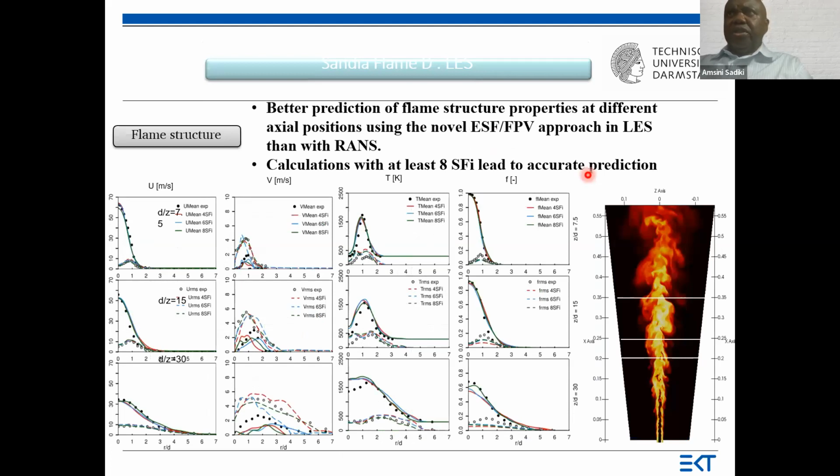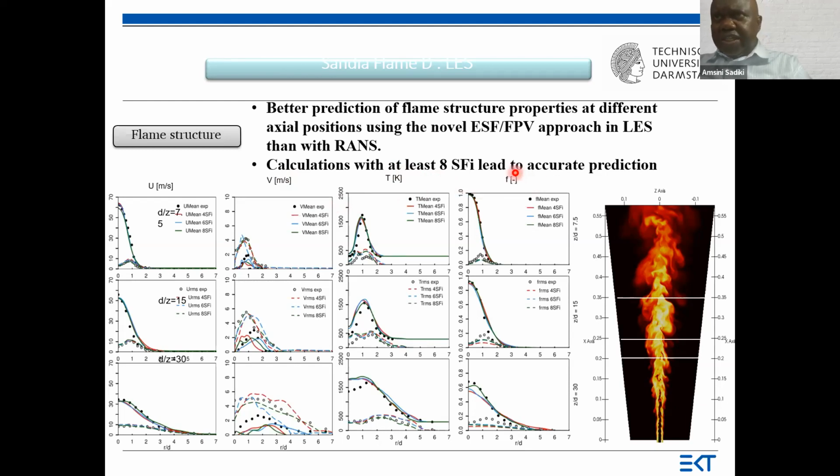So if we use LES, we see also the result here for LES, and we see that the LES result with at least 8 stochastic fields allows us to get the correct results if we compare here for the axial velocity, and here the axial velocity and transversal velocity, and the temperature, and also for the mixture fraction.